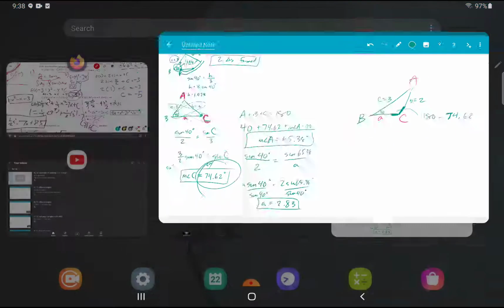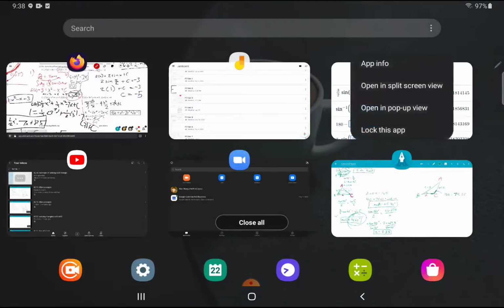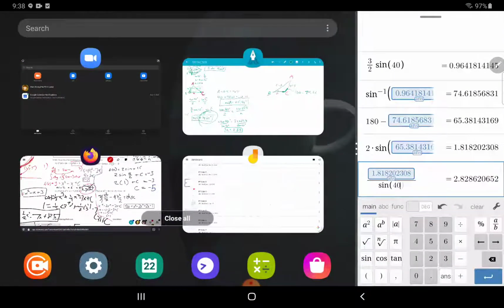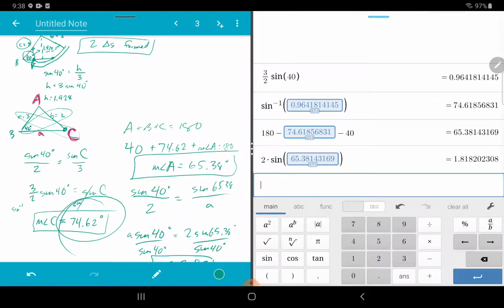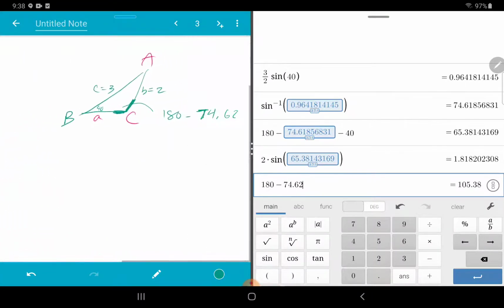Okay, so going back to our calculator, 180 minus 74.62 will give us an angle measure now of 105.38 degrees.